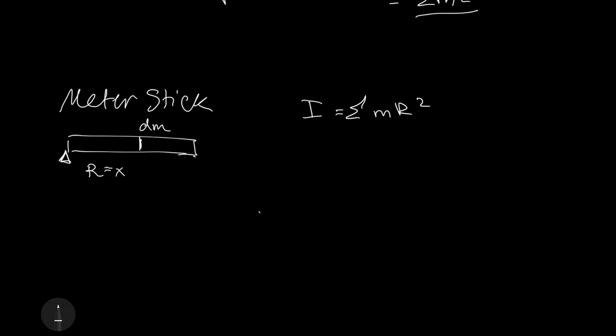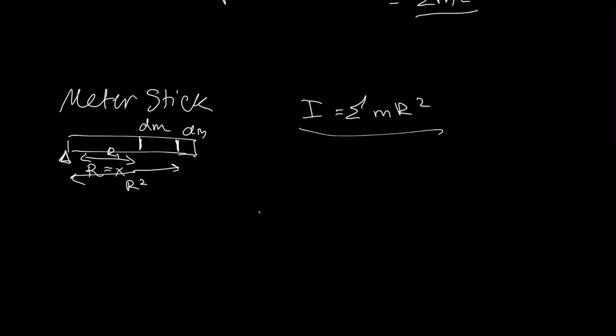You need to take these infinitesimally small dm's, which are all going to be a different distance r. See, this dm is a distance r1. Now this dm over here is a distance r2 from the fulcrum, which is much longer than r1, which is why we cannot use this.